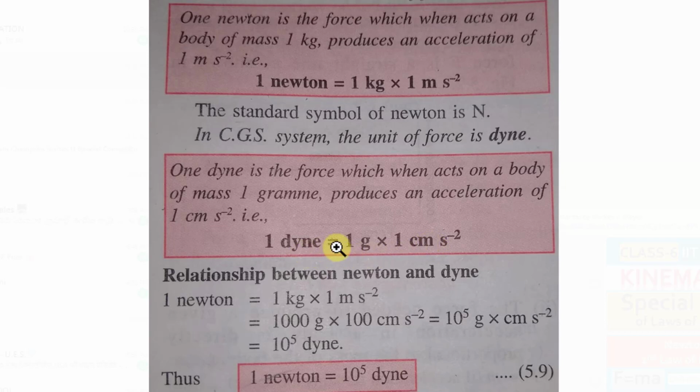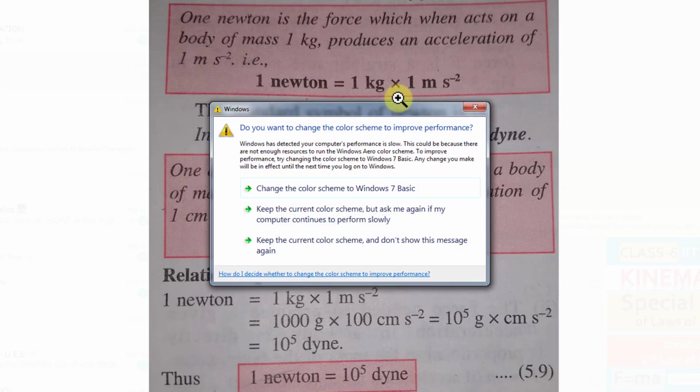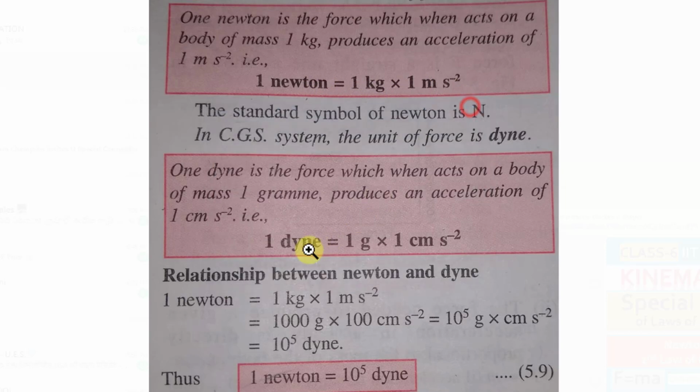So one dyne is equal to 1 gram into 1 centimeter per second square, that is gram centimeter per second square. So here Newton or kilogram meter per second square, and here dyne or gram centimeter per second square.